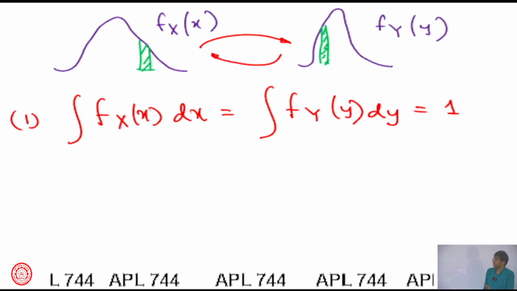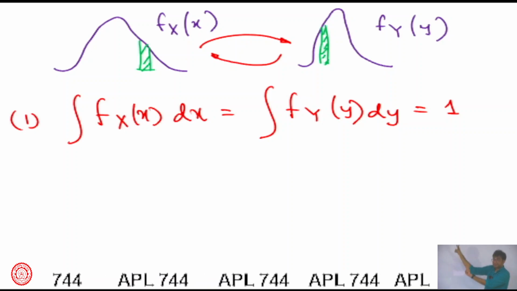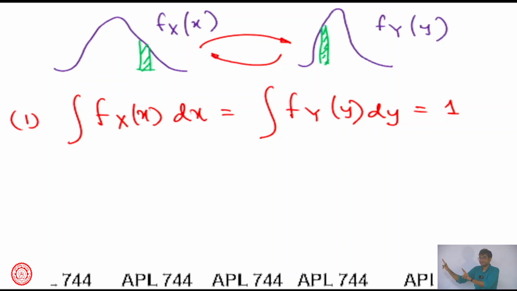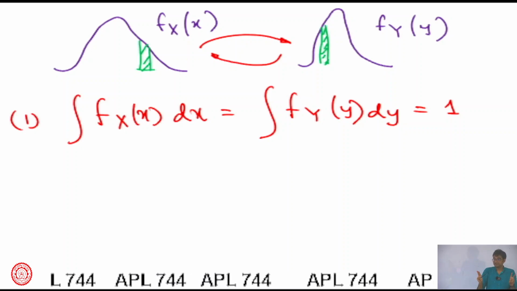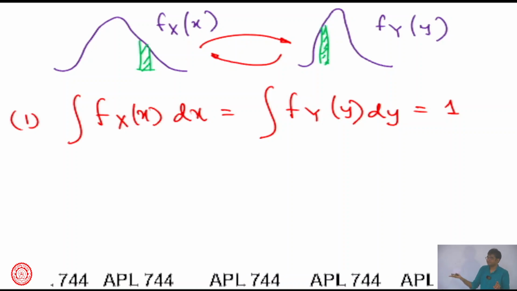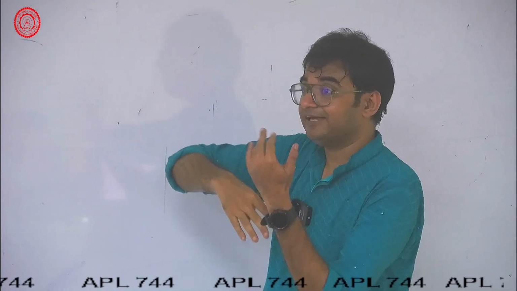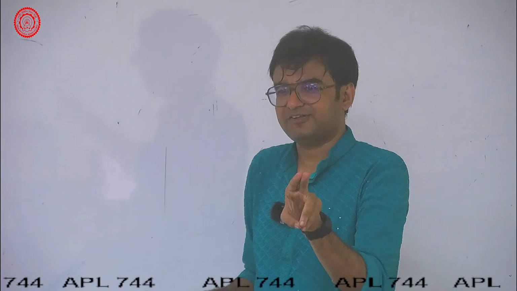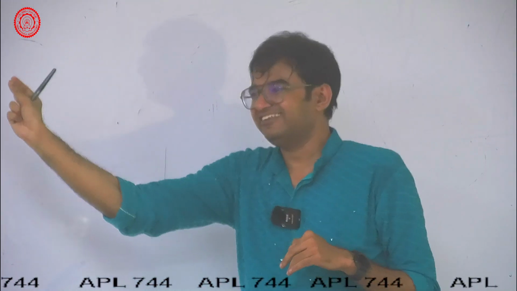Okay. The area under the curve on the left hand side and the right hand side is supposed to be conserved. It cannot change. That is the property of a PDF. So, it cannot happen that something enlarges, another thing reduces and the sum is 1. That is not a property of a PDF. The property of a PDF is that it is mass conserving. So, if you take a small area and it is transformed, the area is conserved. And this is a property that we will be using.